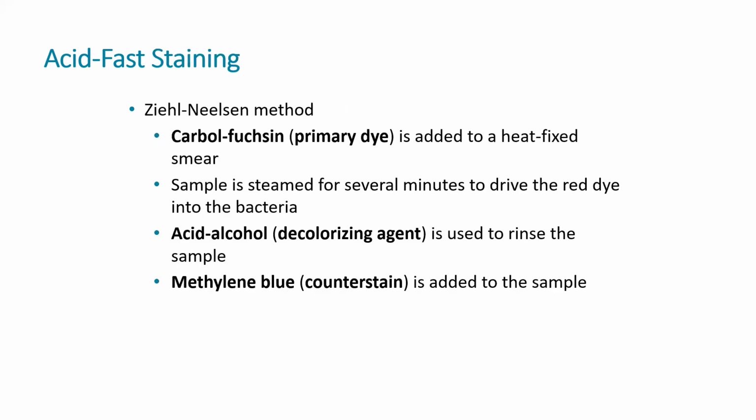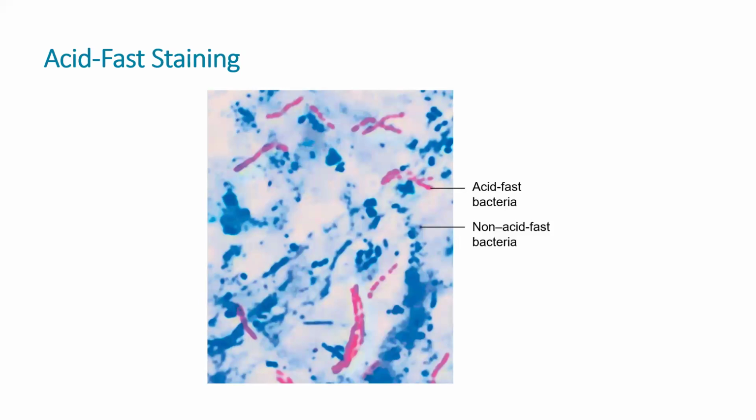The way that this is done, just in very simple terms, is you use carbol fuchsin, which is kind of a red color, and you steam it into your cell, and you're going to add this acid alcohol mixture to rinse the sample, and then counter stain with methylene blue. And so you get this nice look where something like Mycobacterium tuberculosis, which is acid-fast, is going to have this pink color from the carbol fuchsin, and then your other ones are going to have the methylene blue color.